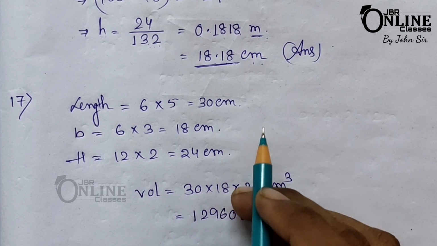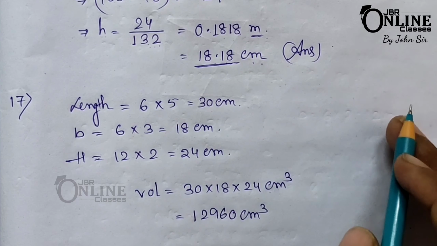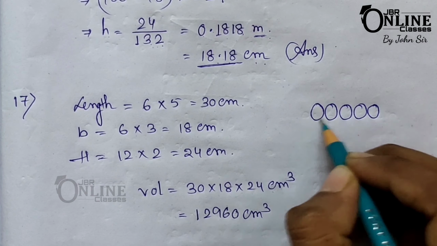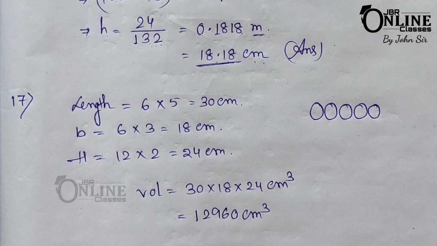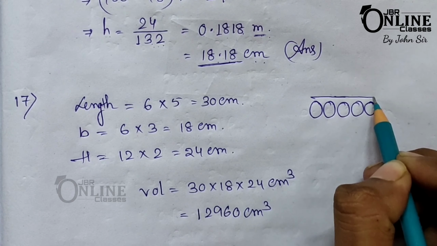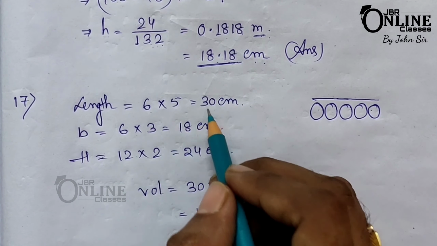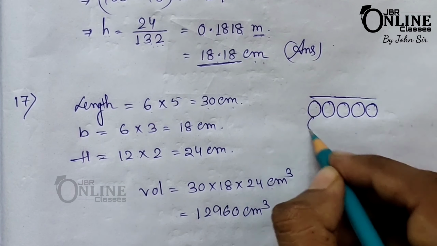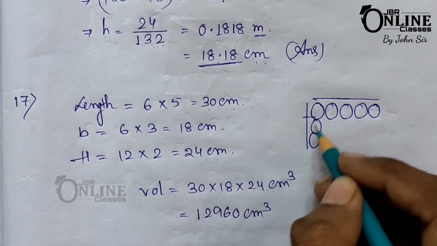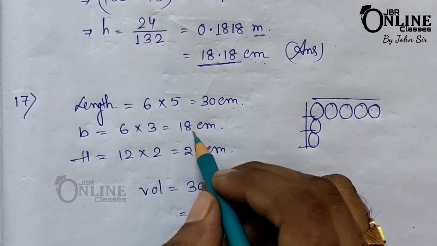As there are 5 columns, the total length will be 6 plus 6 plus 6 and so on, that means 6 into 5, which equals 30 centimeter. And the total breadth, as it's arranged in 3 rows, is 6 into 3, that is 18.